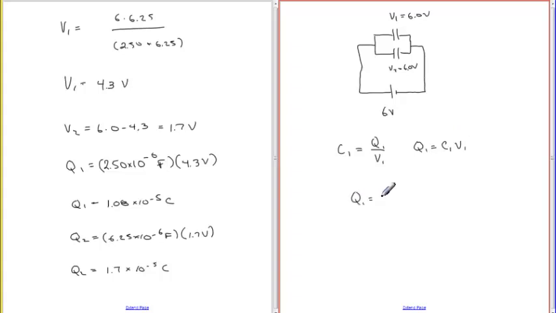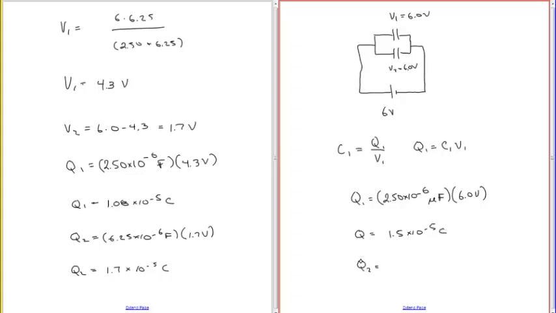So Q1 is going to be equal to C1, which was the 2.5 microfarads. So we take 2.5 times 10 to the minus 6 farads, and we multiply by the voltage, which is 6 volts. And so we get 2.5 e to the minus 6 times 6, 1.5 times 10 to the minus 5 coulombs.